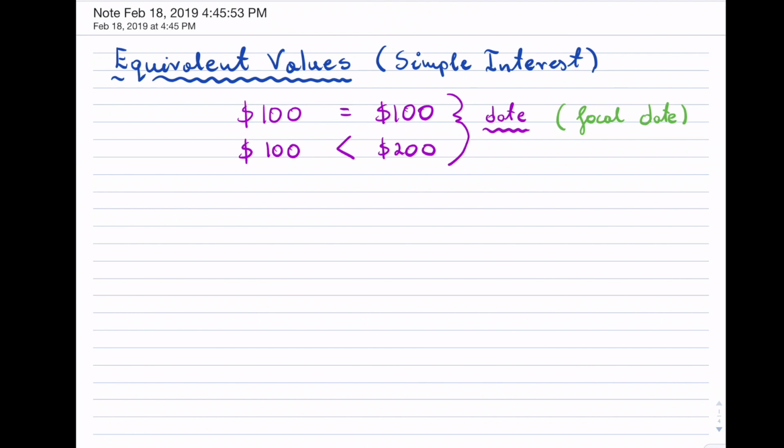Now, as you know, with simple interest, or interest in general, it doesn't have to be simple interest, it can be compound interest, if you start applying interest, your $100 is going to change over time.